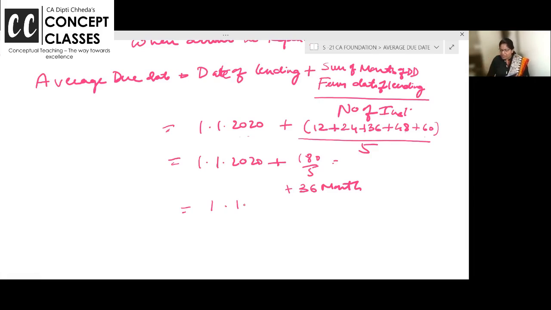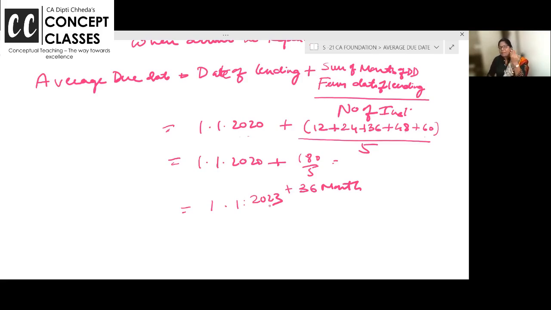So 2020 will be complete, 2021 complete, 2022 complete. This will be 1st January 2023. I hope you are getting. December calendar year ending. 2020 over, 2021 over, 2022 over, and 23 we will take. Three years. Clear to all of you?